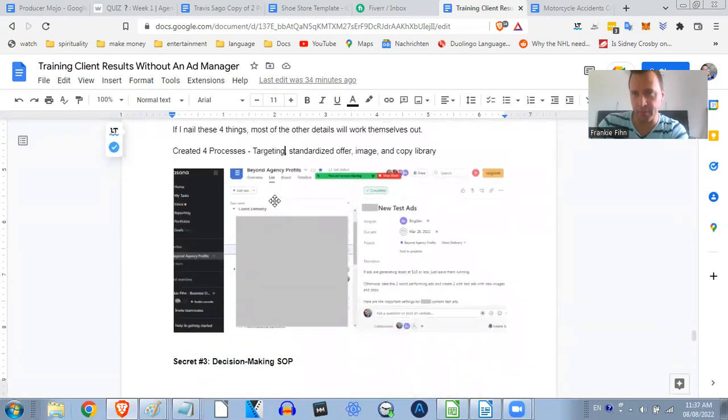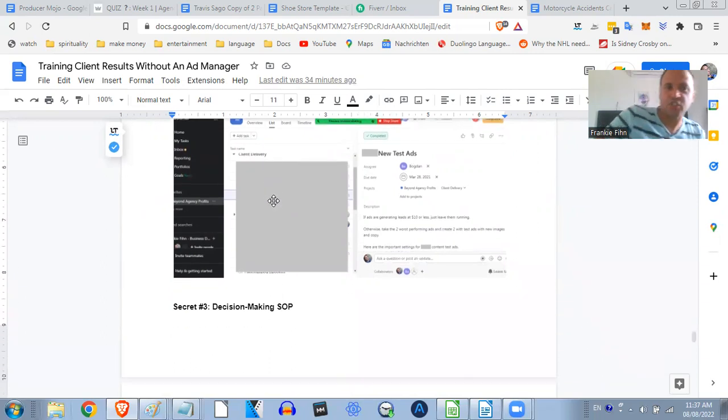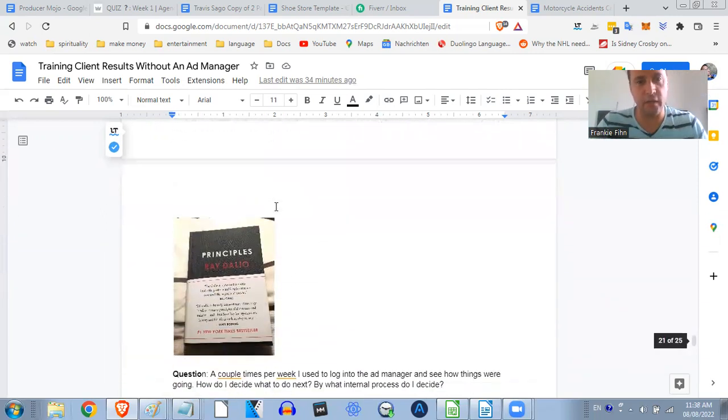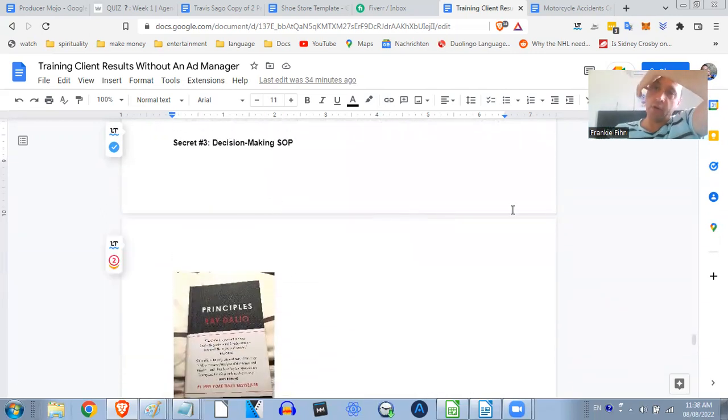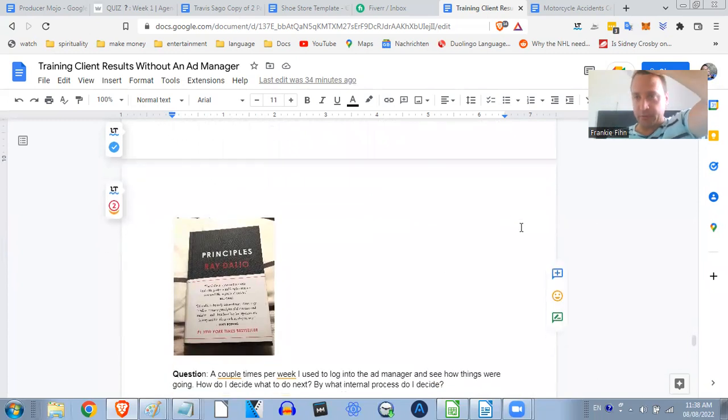So here's secret number 3, by the way, the decision-making SOP. And this book right here, Ray Dalio's Principles, was a big inspiration on this. For those of you who've never read it, it's for growing and scaling companies. What he talked about in the book is there are all these scenarios you get put into in business where there are unknowns and things you can't know, like life just throws you curveballs.